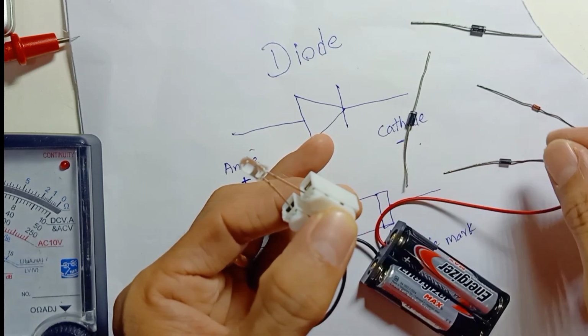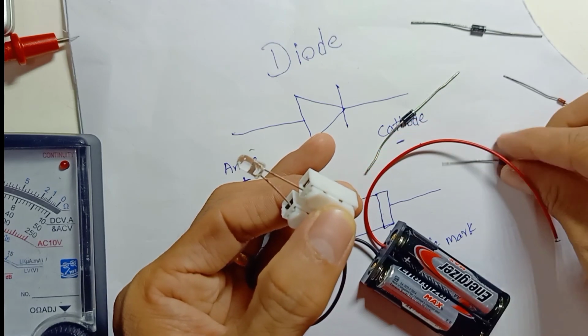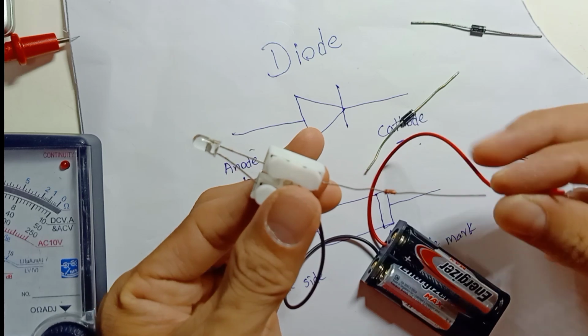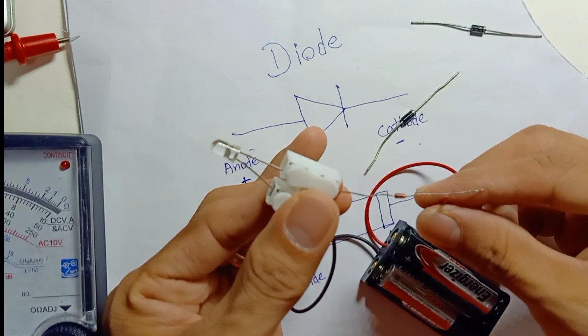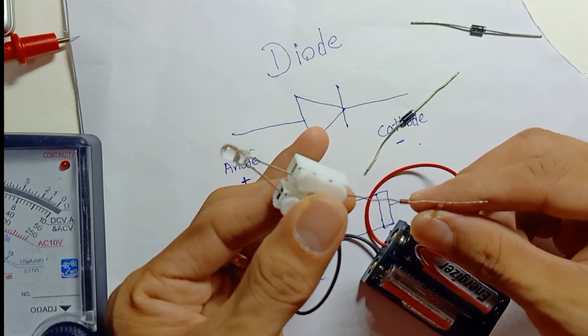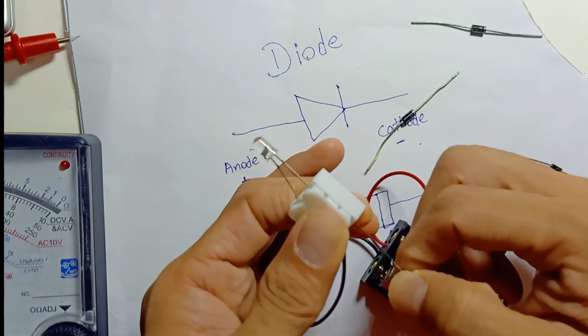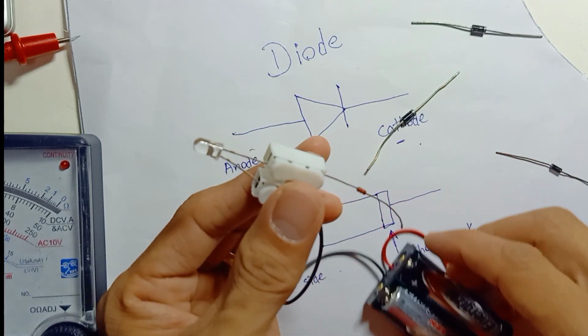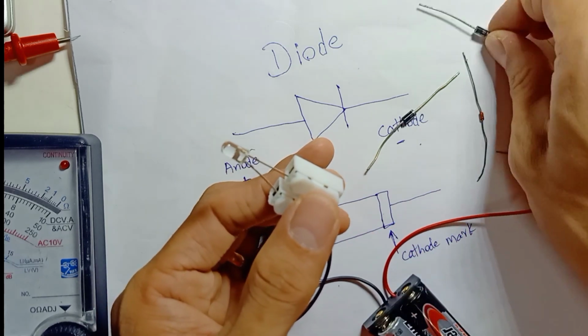So this is good. If I take another one, this is a Zener diode. This side is good. If I reverse, the voltage is blocked. So this is good.